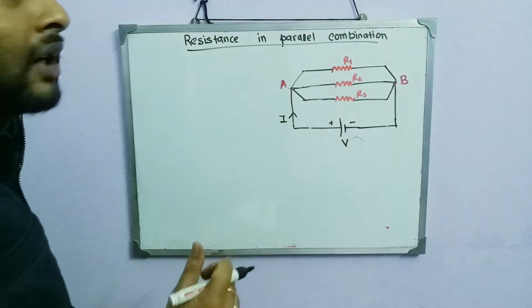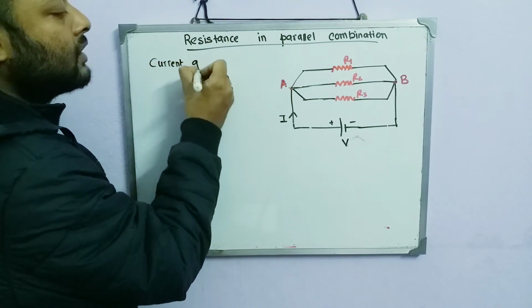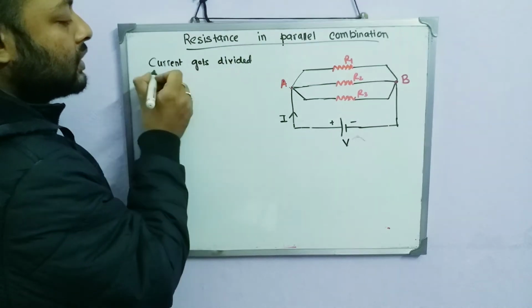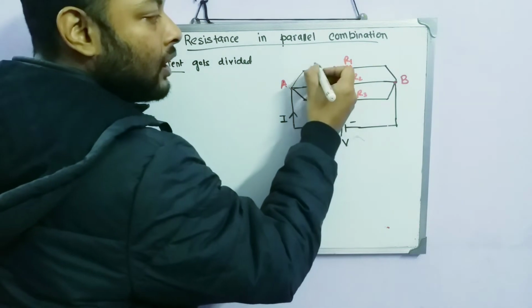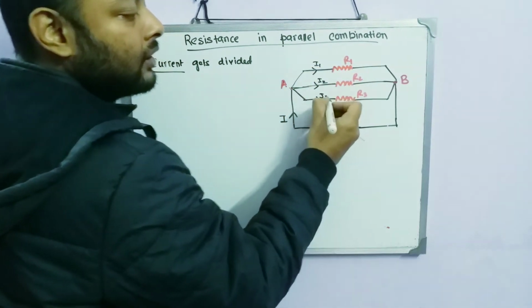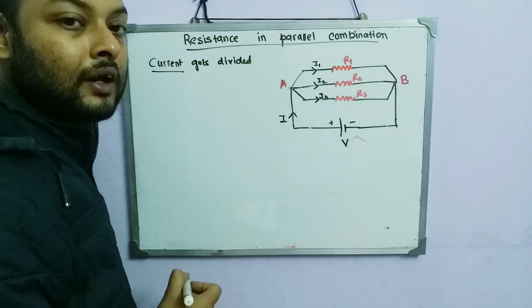So this current gets divided. This I breaks into I1, I2 and I3.